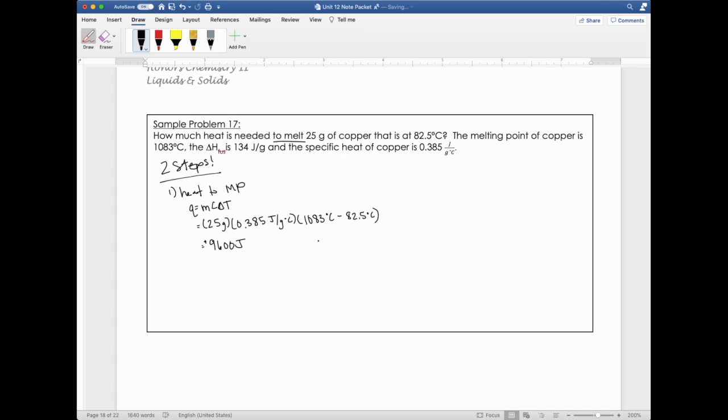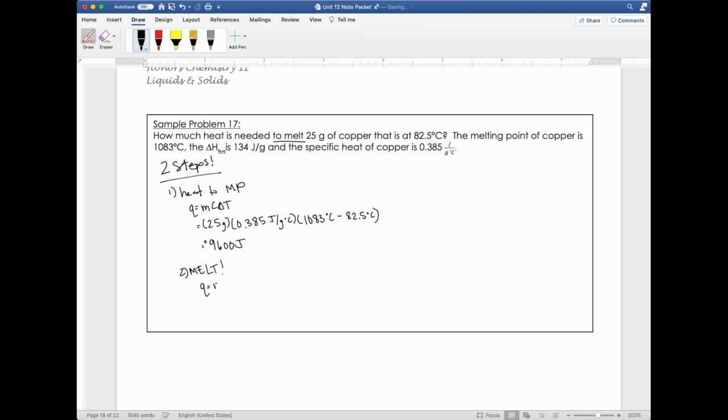Now that we're at the melting point, we have to actually melt it. So you do have to get some practice with understanding what the problem is asking you. Because it's saying to melt, we want to actually liquefy this material. So let's go ahead and actually melt the substance.